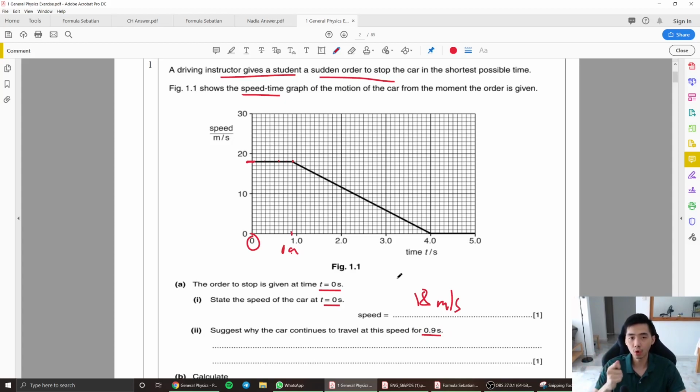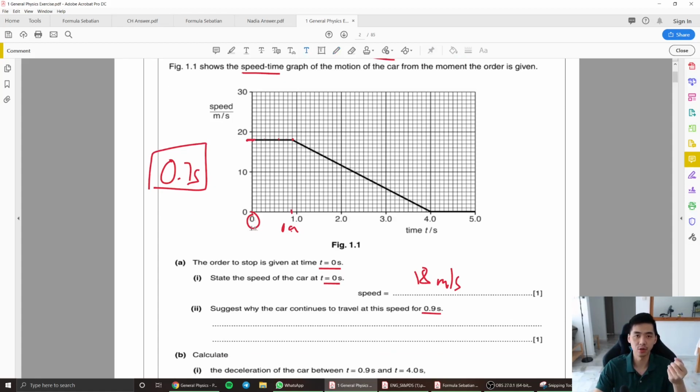This is because all human beings have a reaction time. A reaction time of, say, 0.7 seconds means that if today I shout at you to stop, you'll take somewhere around 0.7 seconds to process that information, and only then is your body going to start stepping onto the brakes, and this is what causes the guy to stop only 0.9 seconds later.